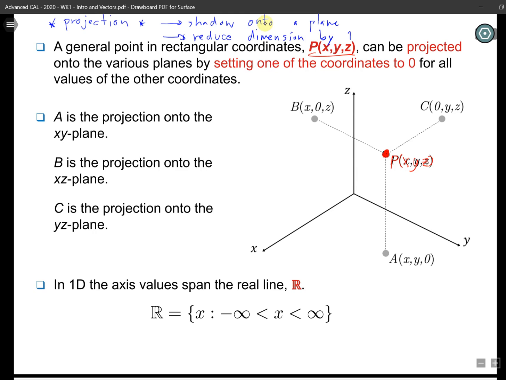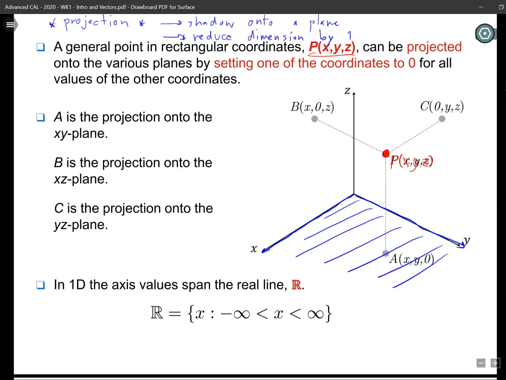The first plane is this one, x and y. Right, we are talking about this plane. So we want to project this point in 3D space onto this floor. So in order to do that, we are going to find the shadow of this point on the floor, right?